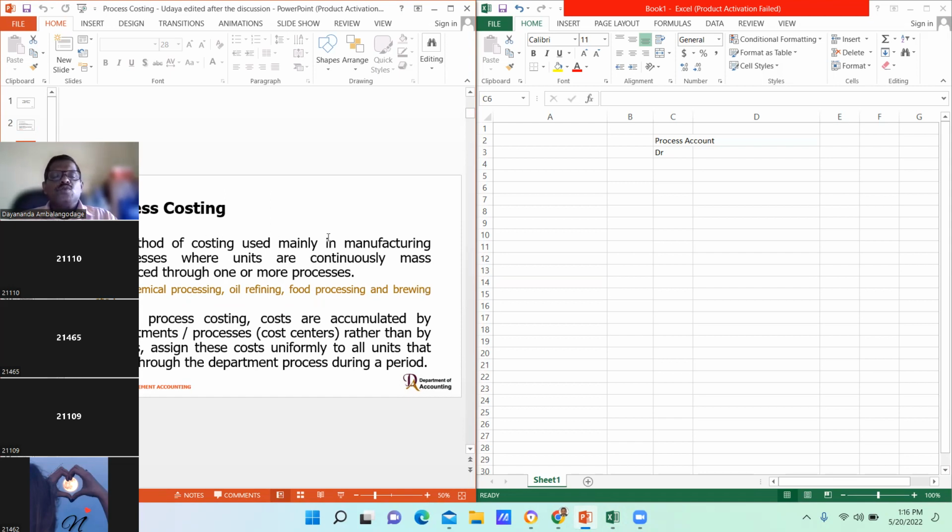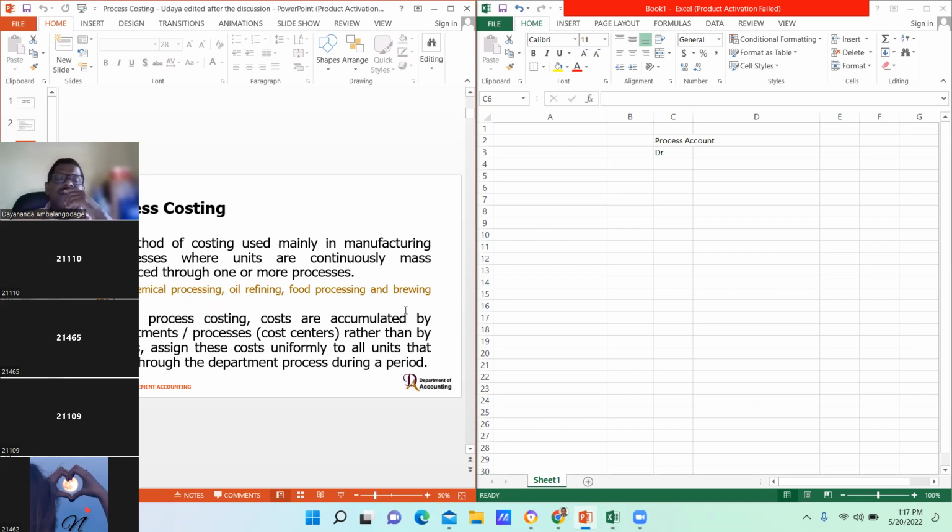The method of costing is used mainly in manufacturing businesses where units are continuously mass produced through one or more processes. Whatever item you produce, you produce equal, similar items, not one or two but a large amount. Chemical processing, oil refining, foods, yogurt manufacturing, garment factory t-shirts and shirts, all these are bulk manufacturing.